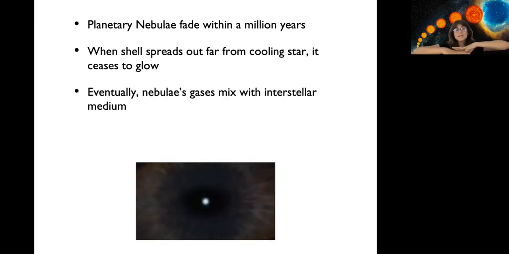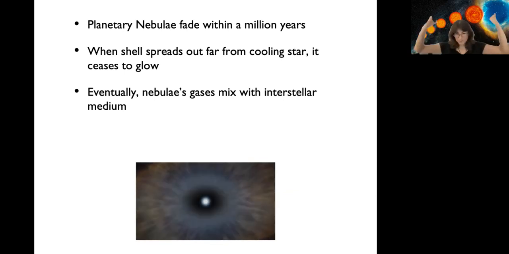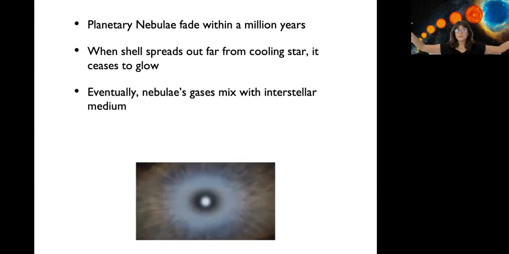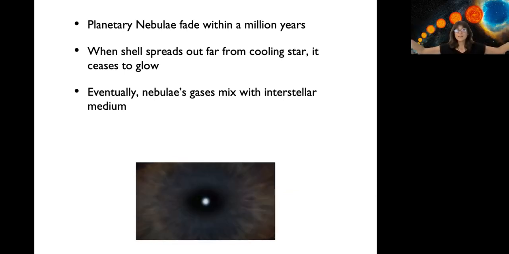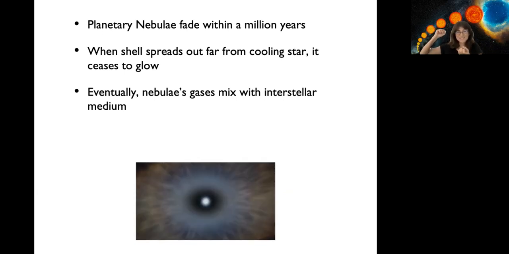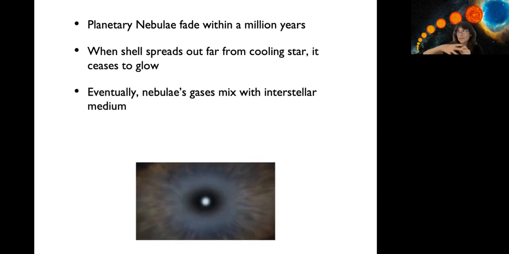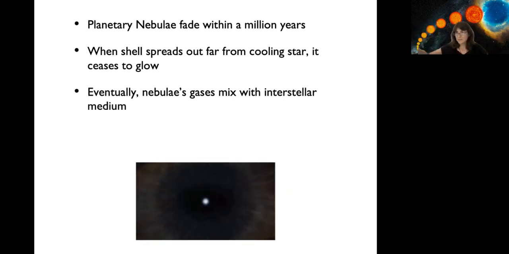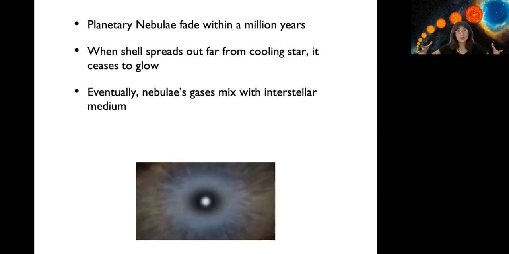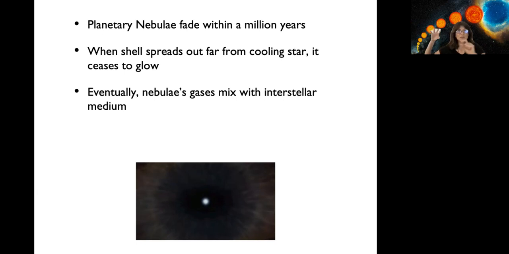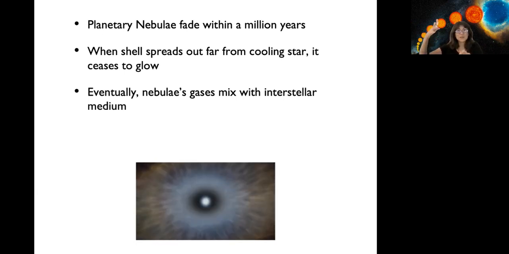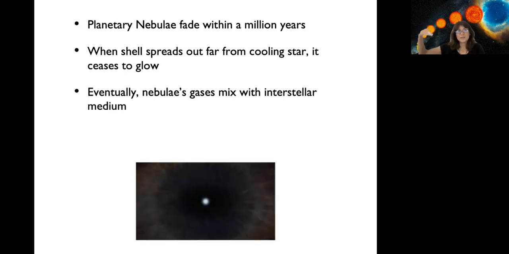And also the shell, or the many shells, are spreading far away from the white dwarf. It is the white dwarf, that core, that is illuminating the rest of the nebula. So if you move away from the white dwarf, it's going to look fainter and fainter.